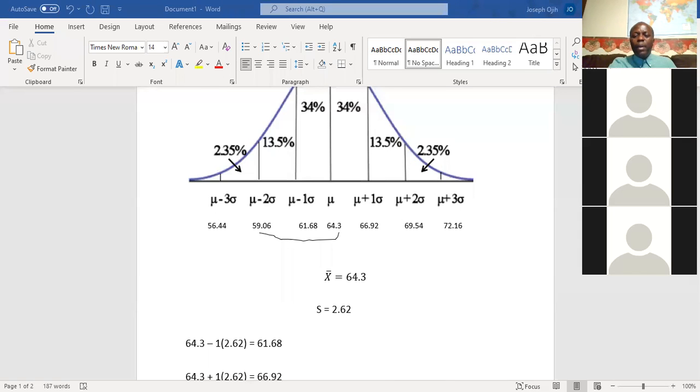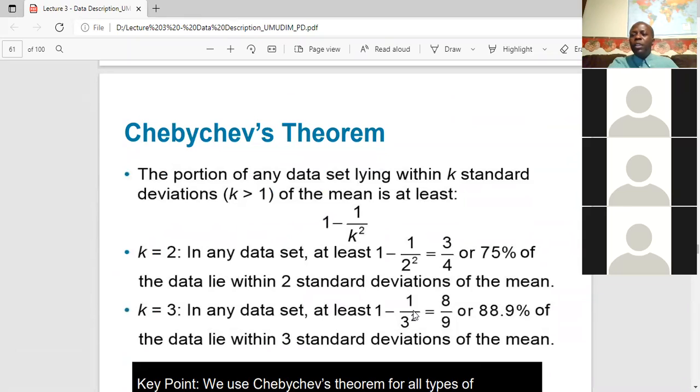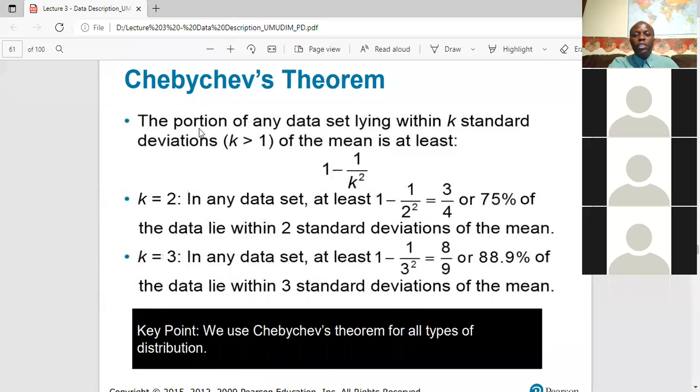So now, how about the situation where the data set is not normal or is not bell-shaped? For that type, we use what we call the Chebyshev theorem. It is named after the Russian mathematician that derived it.